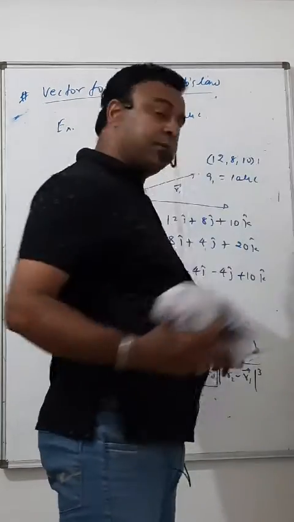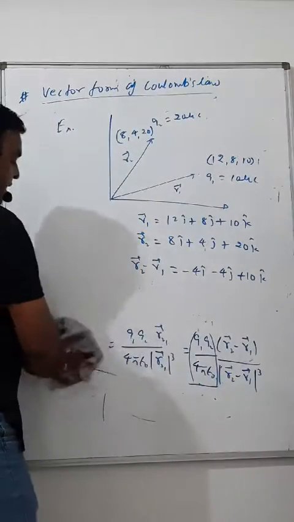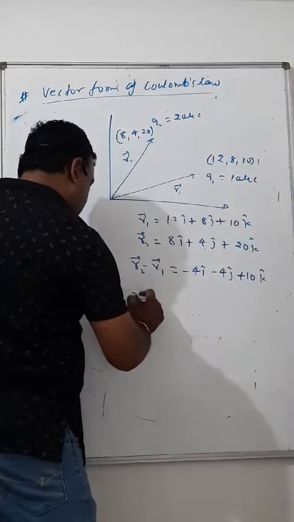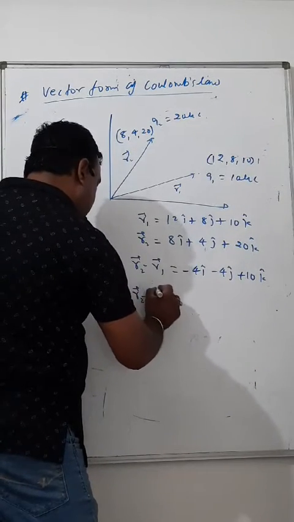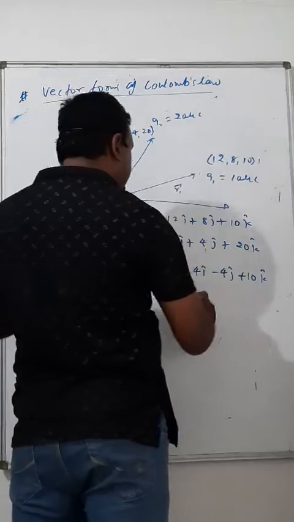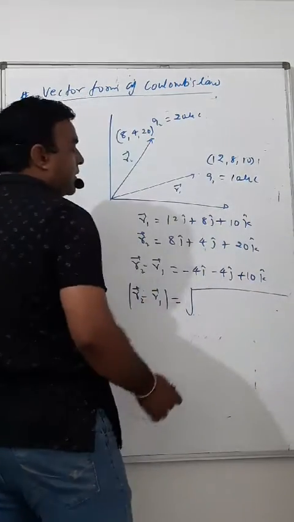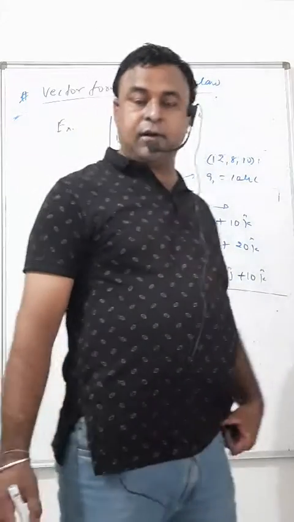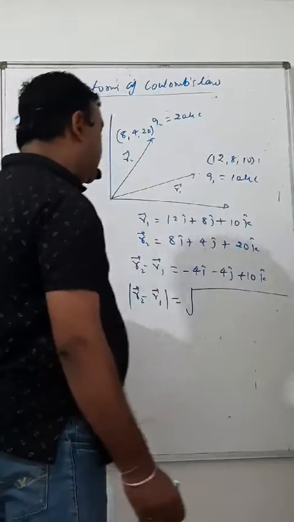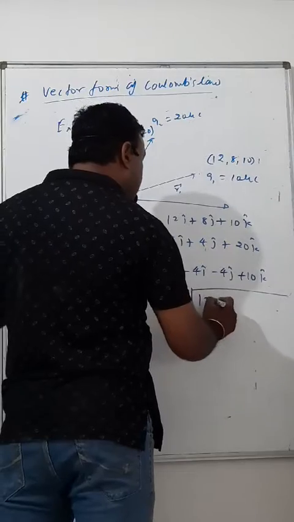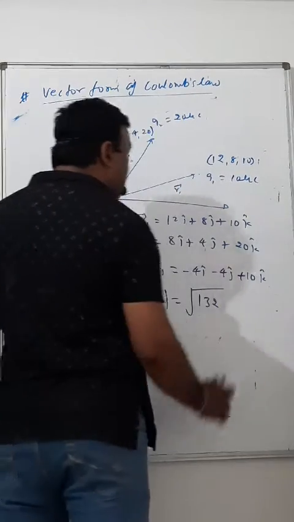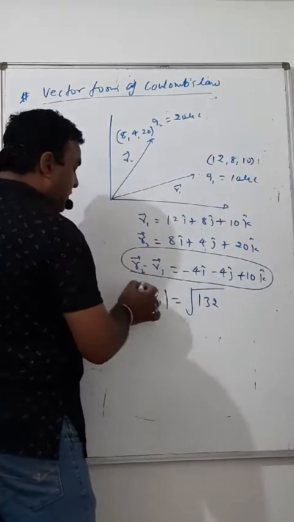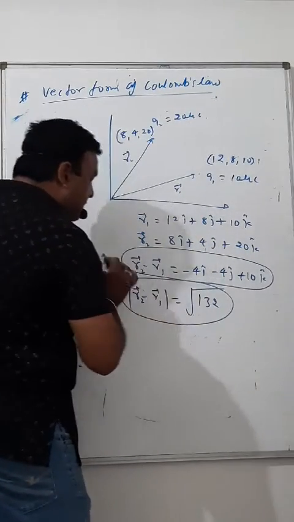We have solved R2 minus R1. Now to take mod of it. R2 minus R1 mod is root of 4 square plus 4 square plus 10 square. 4 square 16, 4 square 16, 10 square 100. It becomes root of 132.